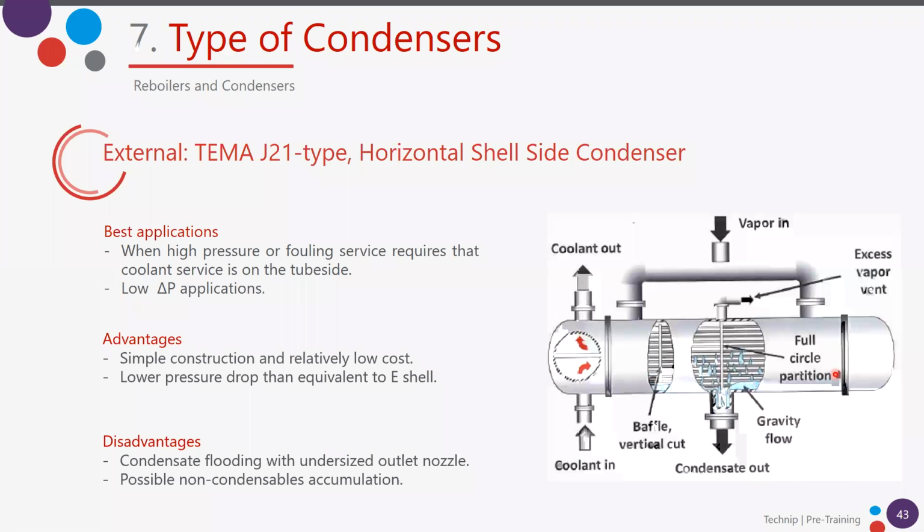Sometimes this is due to an under-designed outlet nozzle. So this nozzle shall be big enough to avoid flooding on the nozzle, and to facilitate the evacuation of condensates. All right, thanks.